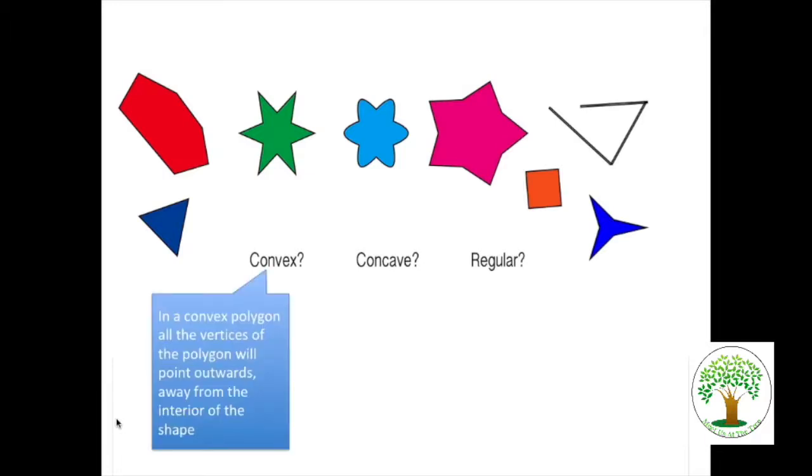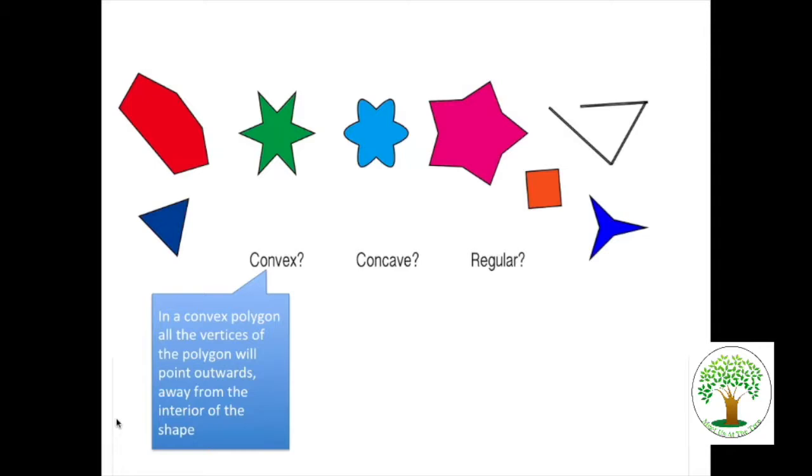We're going to talk about convex. It's hard to see. I would not suggest that you write this whole thing. I would suggest that you wait for a moment. Let me read it, and then you summarize it in your words after we talk about it, okay? In a convex polygon, all the vertices of the polygon will point outward away from the interior of the shape, okay?